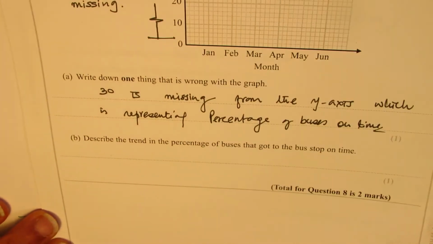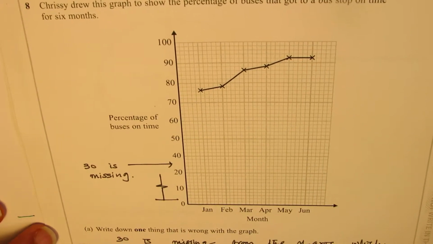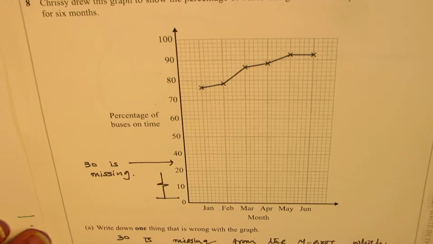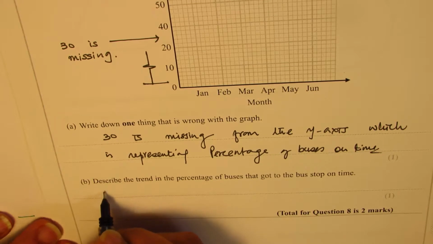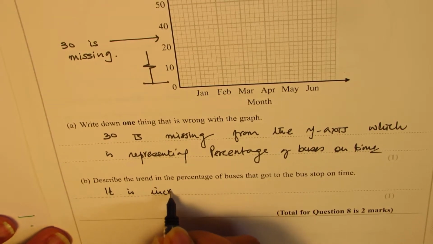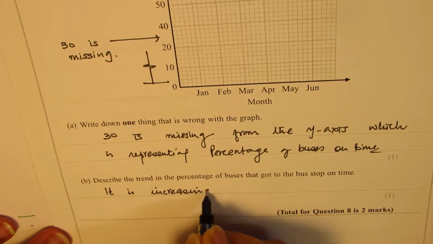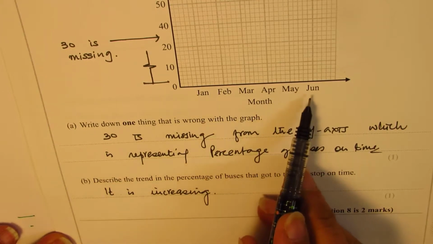Now, part B of this is describe the trend in percentage of buses that got to the bus stop on time. Well, clearly the trend is, it is increasing, right? So that means more and more buses are coming on time as you move from January to June, right?